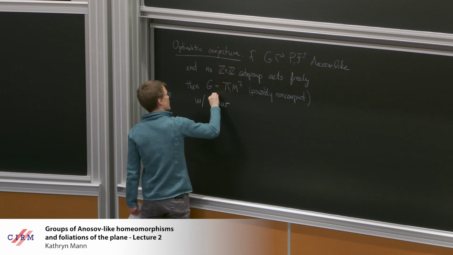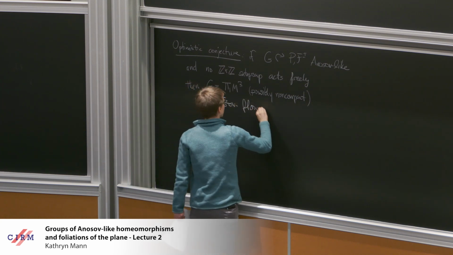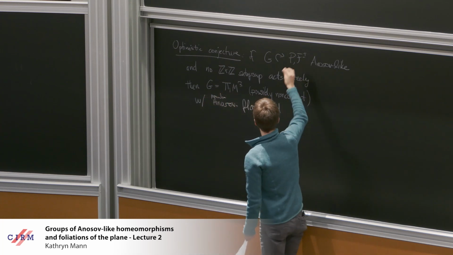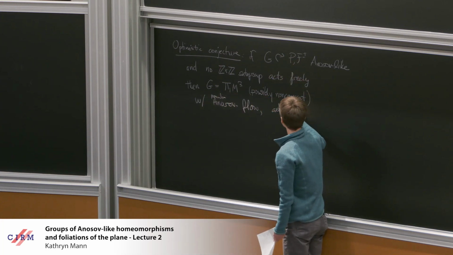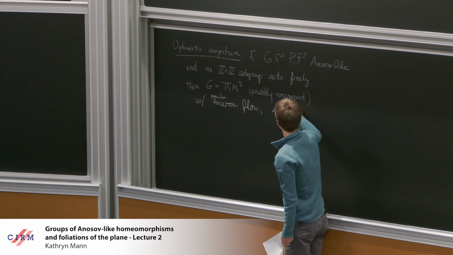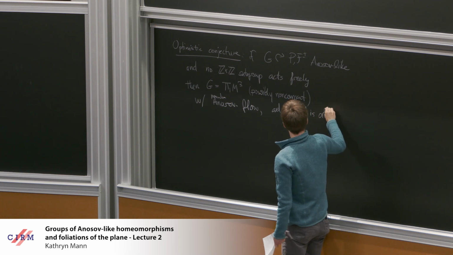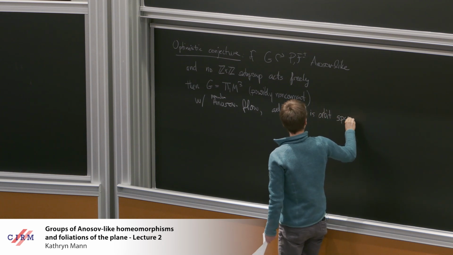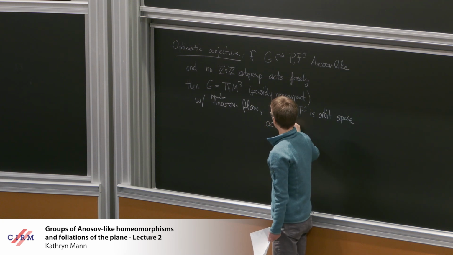So a pseudo-Anosov flow, if you like. And this action is, up to conjugacy, that's all it's defined up to. I guess P is the orbit space, and the action is the induced one.